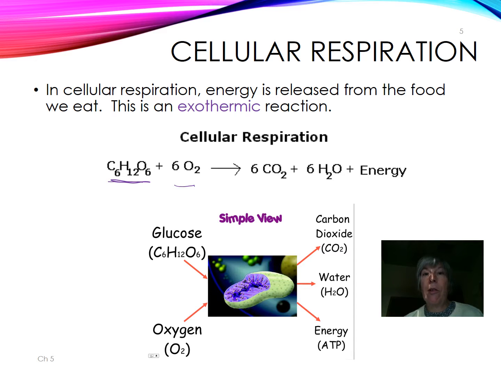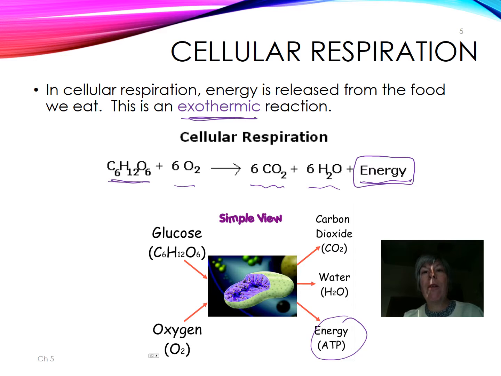Our body goes through a series of complicated chemical reactions, converts that glucose and oxygen into carbon dioxide, which we breathe out, water, which we exhale and sweat off, and energy. This energy is in the form of what we call ATP, adenosine triphosphate, and again we'll look at that more in Chapter 12. We say that this is an exothermic reaction because energy is released in the reaction.